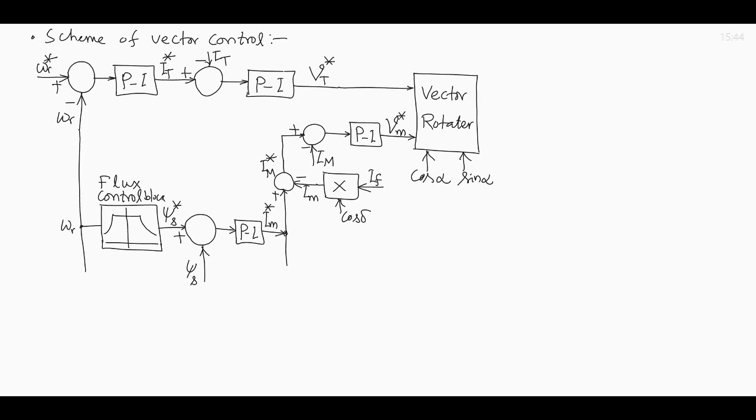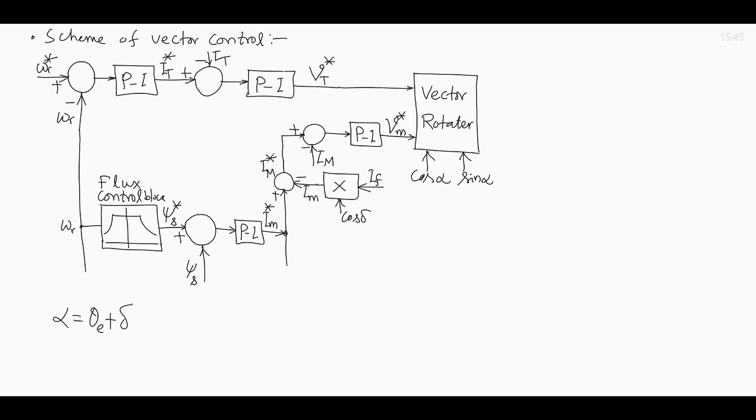As you can see, the stator flux axis psi s makes angle alpha with the stationary alpha axis. As I have already explained, alpha is theta e plus delta. Theta e is the field flux axis, which is lagging by a load angle delta behind the stator flux linkage psi s.